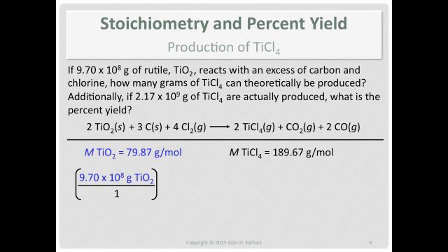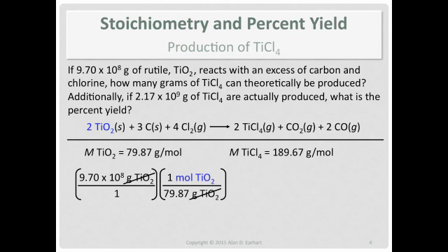So we're going to multiply or divide by the molar mass. Divide. Make the units work. Okay, so right now we have moles of TiO2. Well, that's not what we want when we're done. That's what we have right now.